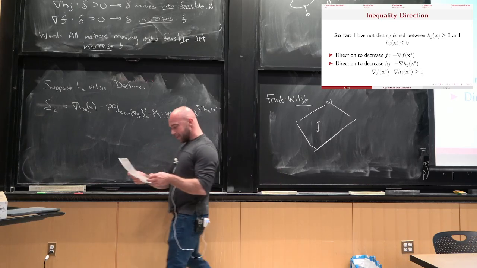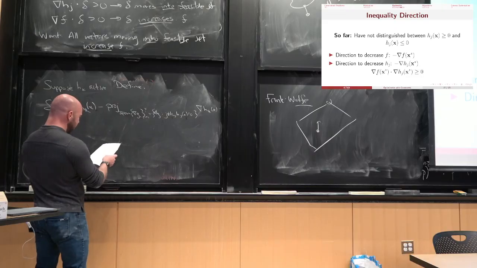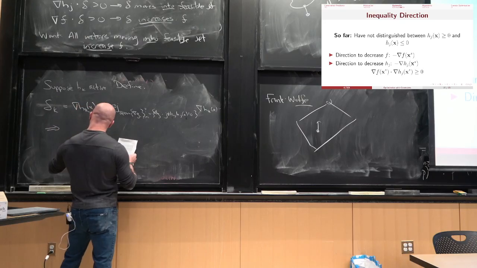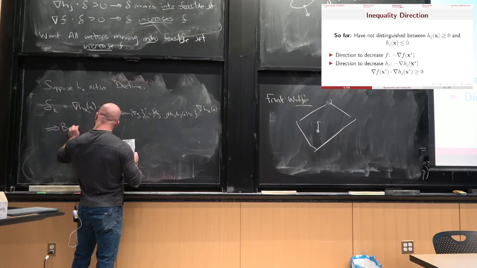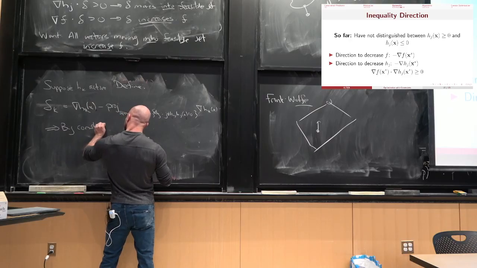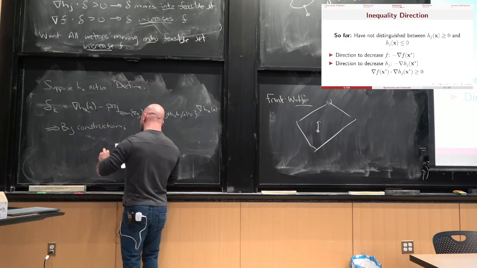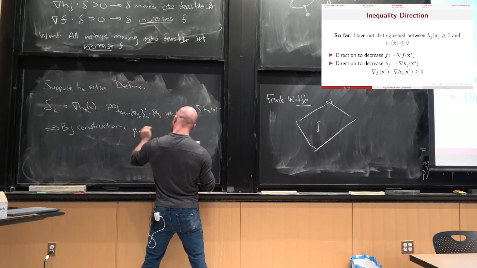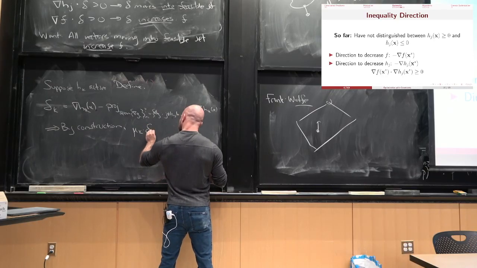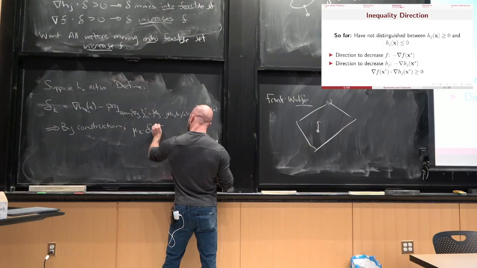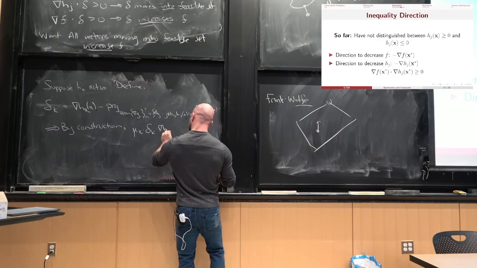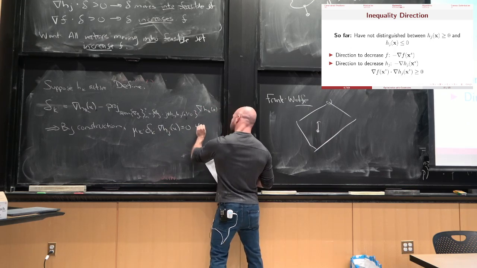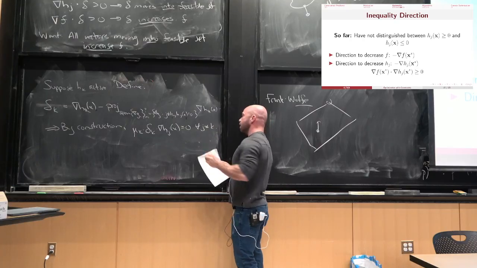So here is what I claim, which is kind of fun. By construction, we have the following: mu k times the dot product between delta k and grad h j of x is equal to 0 for all j not equal to k.